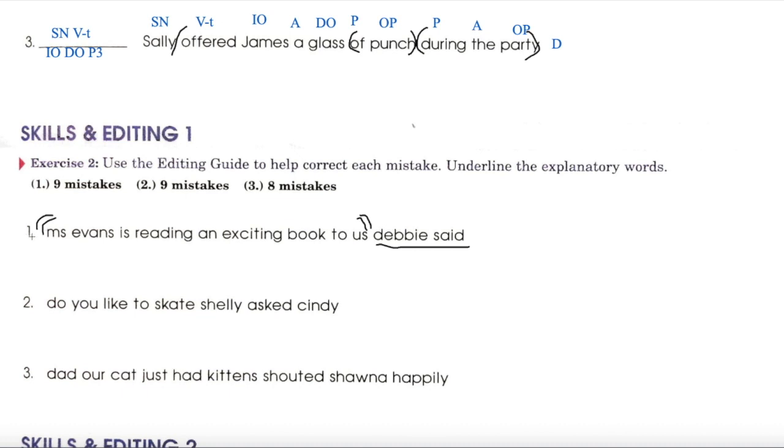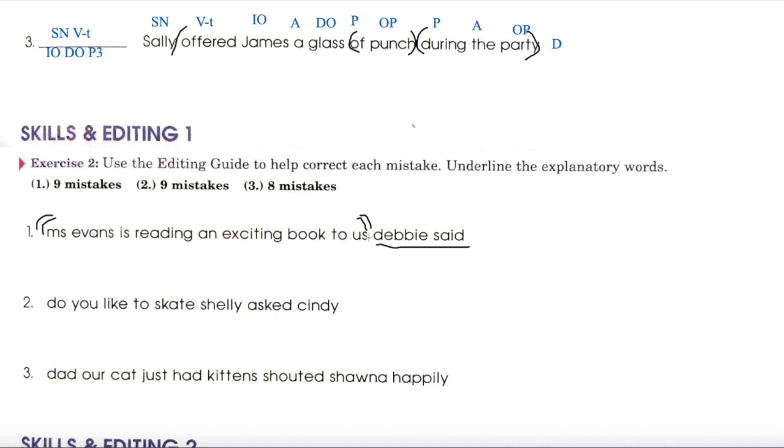For a beginning quote, put a comma, question mark, or exclamation point, no period, after the last word of the quote, but in front of the quotation mark. So here we go. Here's the end of our quote. We can put a comma, an exclamation point, or a question mark. We never put a period here, though. This is a statement.